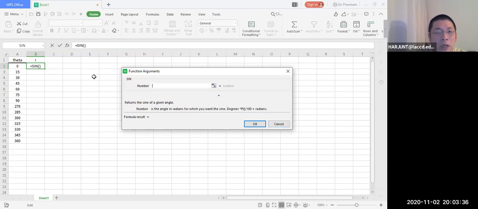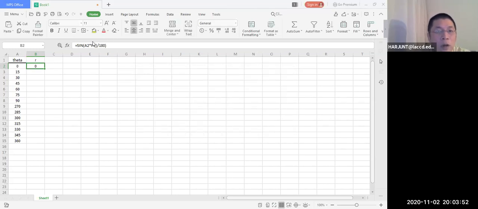Okay, then that's equal to this value times pi over 180. Now I need to have 5 plus 3 times that. Now copy paste.